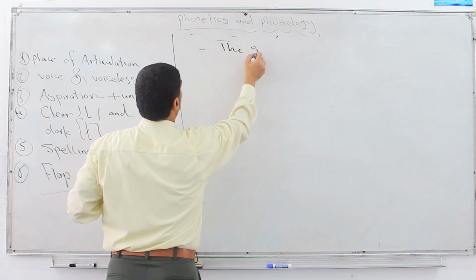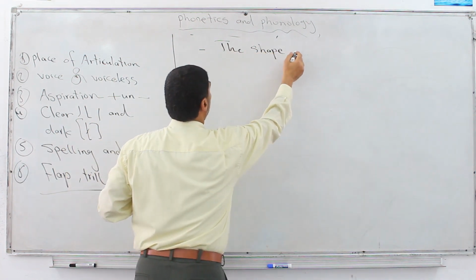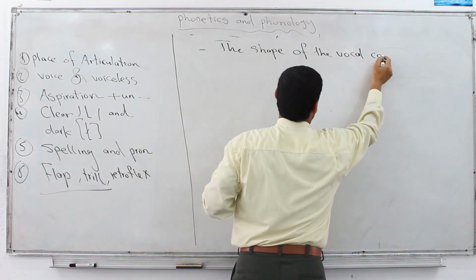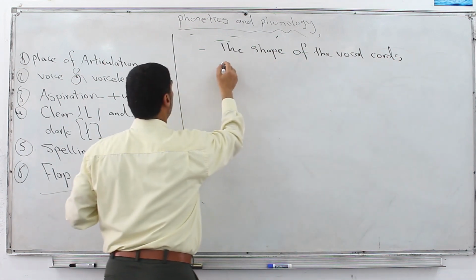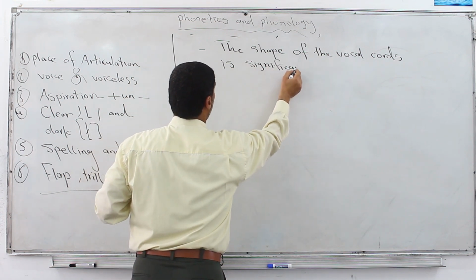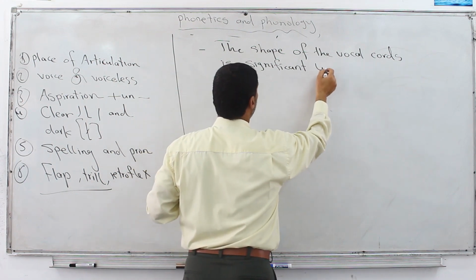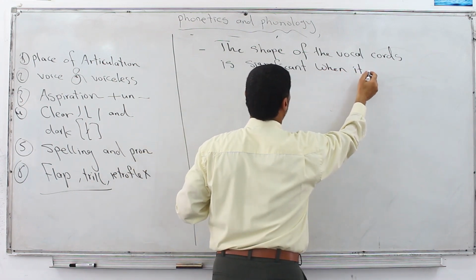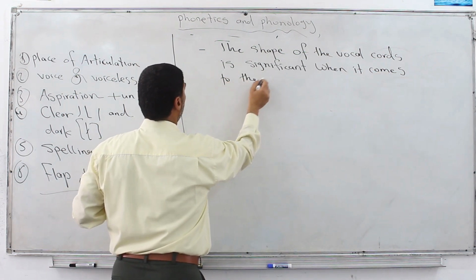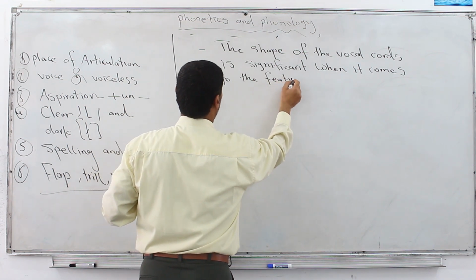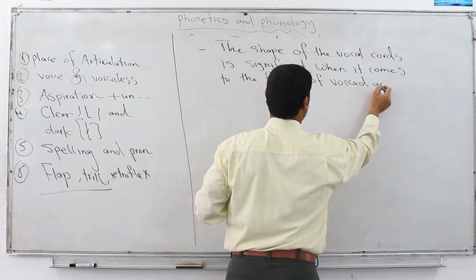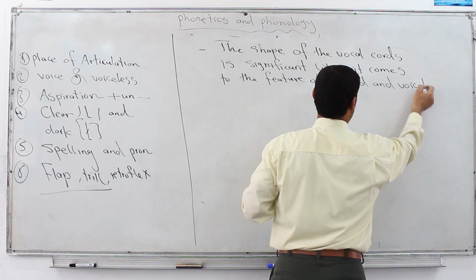The shape of the vocal cords is significant when it comes to the feature of voiced and voiceless.